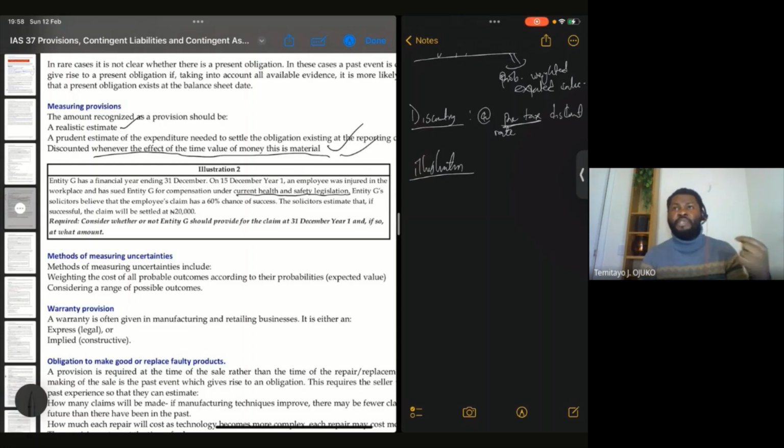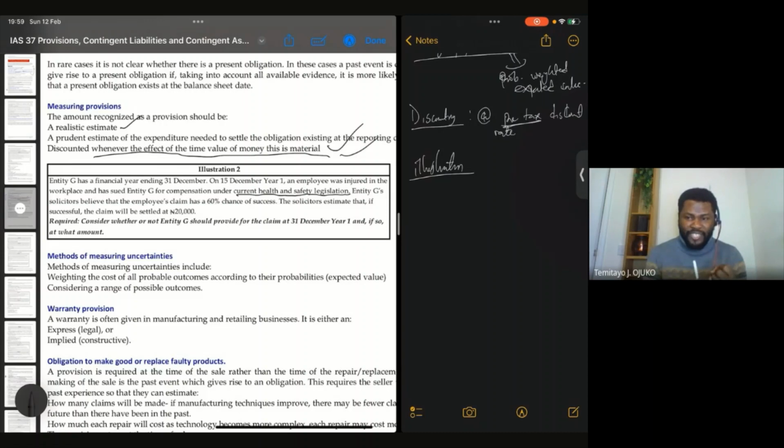Don't forget, there must be a present obligation arising from a past event as a result of an obligating event. What is the obligating event here? The current health and safety legislation is a legal obligation, as a result of the employee signing a contract as an employee of the company.